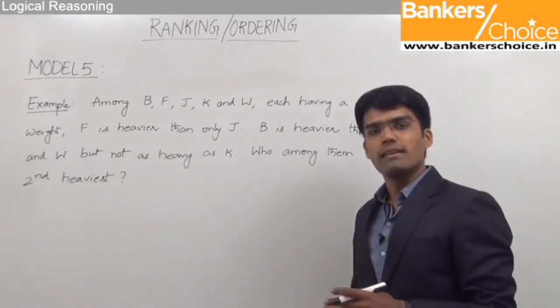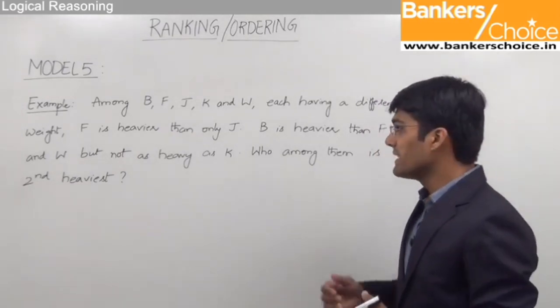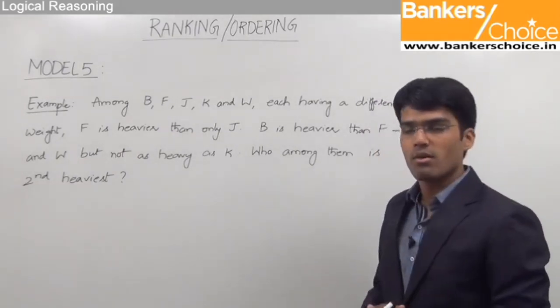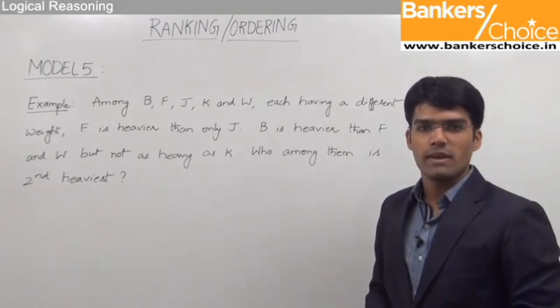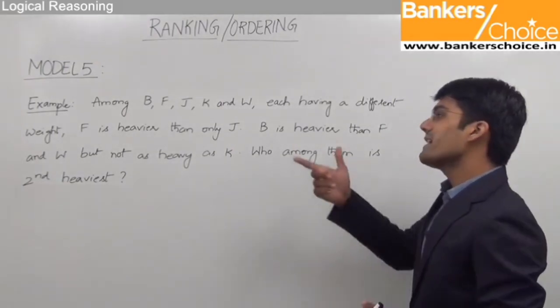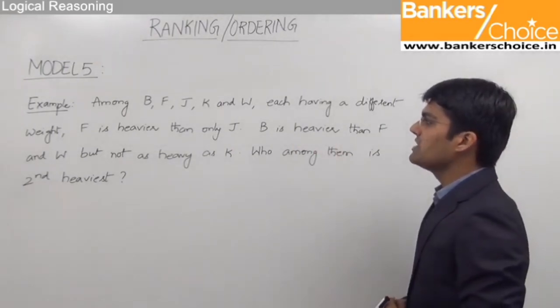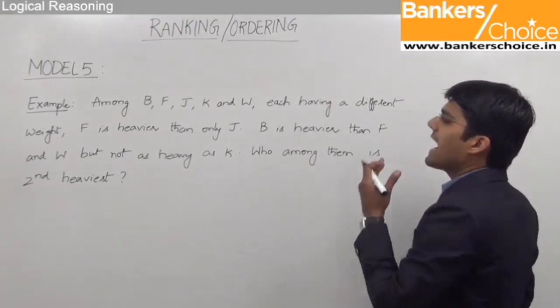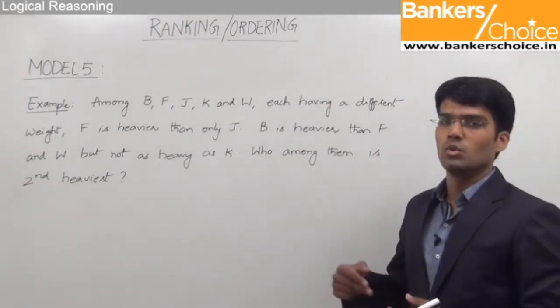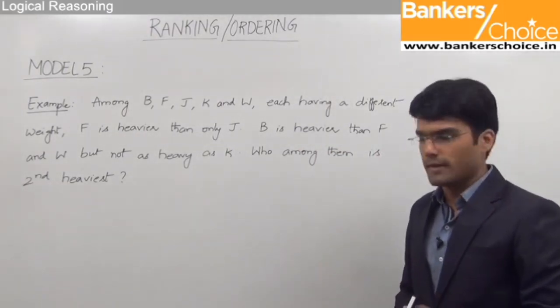Now based on the inequalities and the keyword "only" that we have just learned, let us try to make an ascending order of these persons based on their weight. So the first statement here is, among B, F, J, K and W, each has a different weight. That means no 2 persons are equal in weight.